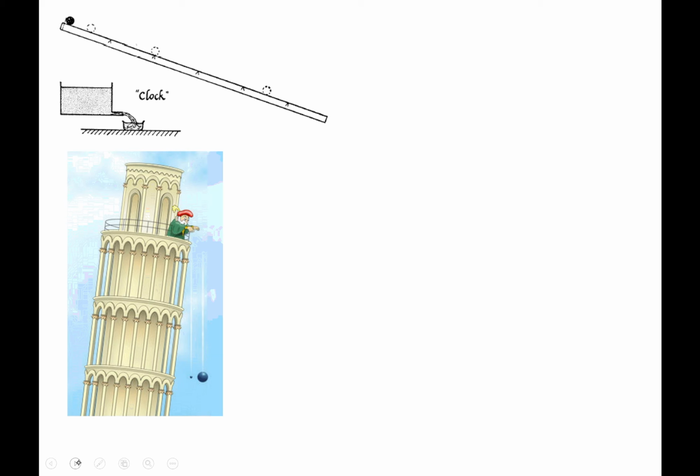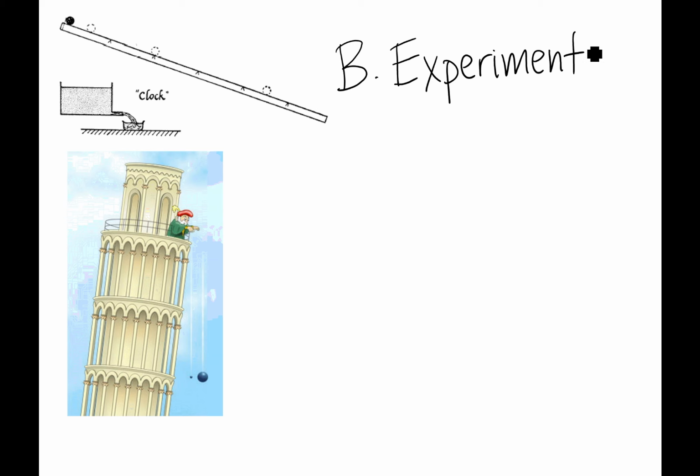All right, so what we really want to focus on was Galileo's experiments that had to do with gravity and something called inertia. Galileo was one of the first to actually do real experiments. This was really the beginning of science, and he actually experimented with moving objects.